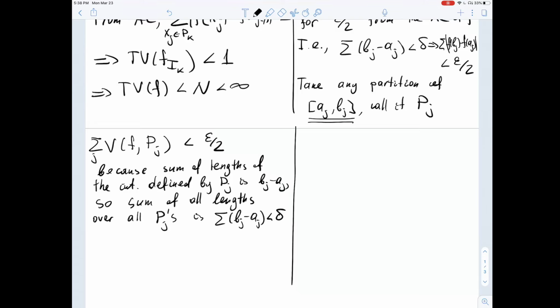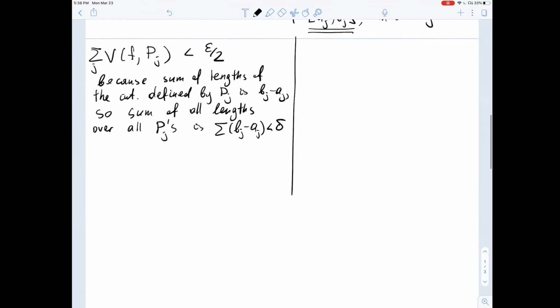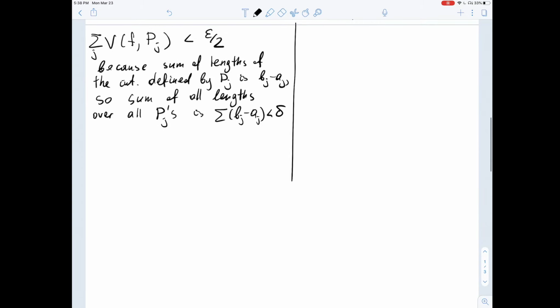And so the sum of the values of f is less than epsilon over 2. Great, and now take the supremum over all Pj's, and since the Pj's are independent, we get this.